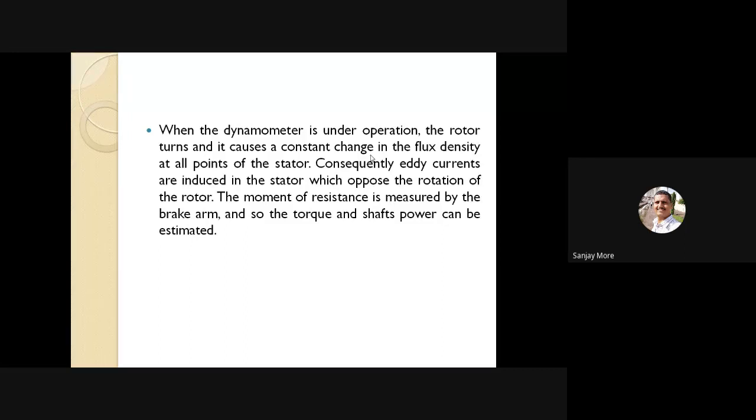This movement of resistance is measured by the brake arm and so the torque and shaft power can be estimated.